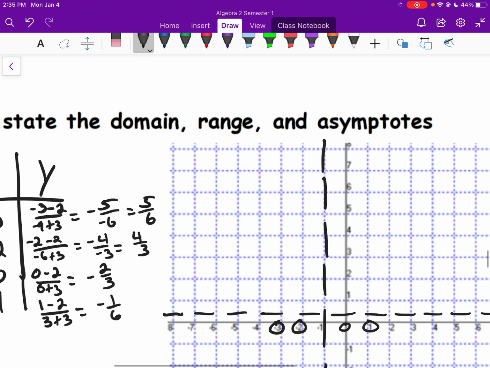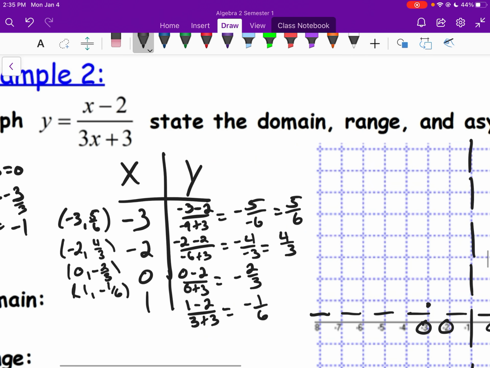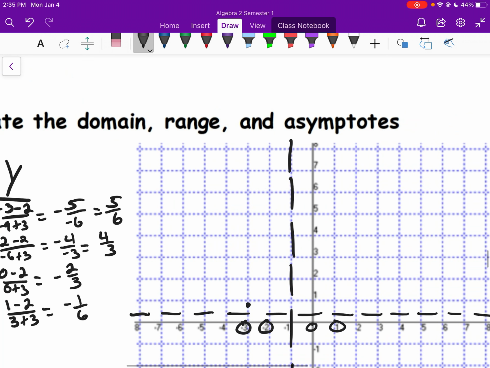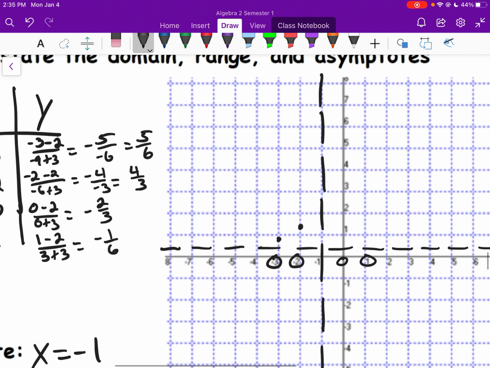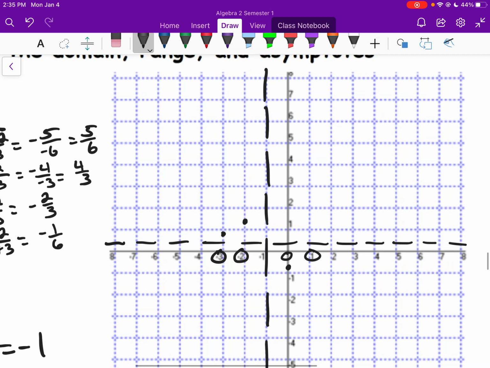Okay, so -3 and 5/6, left 3 from the actual origin, and up 5/6, which is just about 1, but not quite. Okay, -2, 4/3, which is 1 and 1/3. Okay, 0, -2/3. And then finally 1, -1/6.